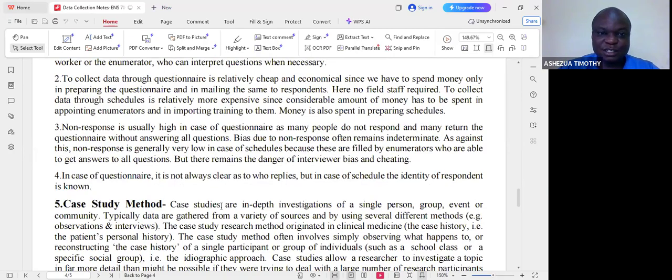Then the case study method. The case study, as I was explaining earlier, is an in-depth investigation of a single person, group, event, or community. Typically, data are gathered from a variety of sources and by using several different methods, e.g., observation and interviews. So, managing health system, a case study of Federal Medical Center, Makurdi.